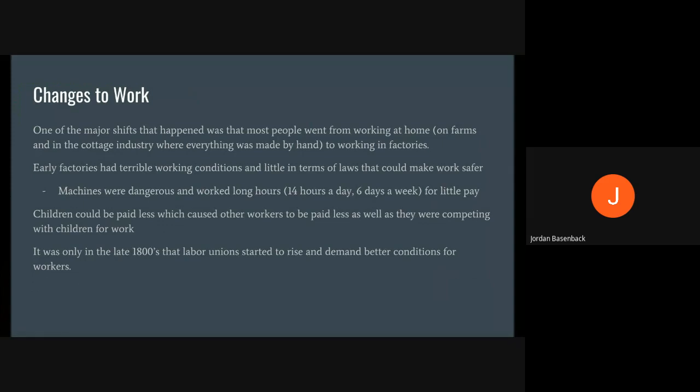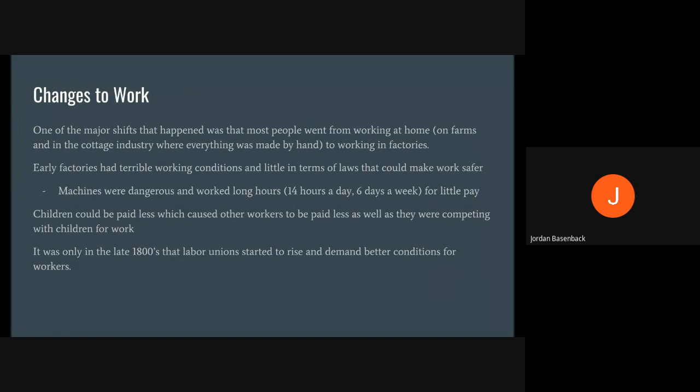If you live on a farm your entire life, you are working at home, whether it's on the land or in the house, making products, or participating in what was called the cottage industry, in which most people built most of the things they would use on a daily basis, from clothes to the butter in the house to all the food you consume. Everything you would possibly need was usually made on the farm, right?